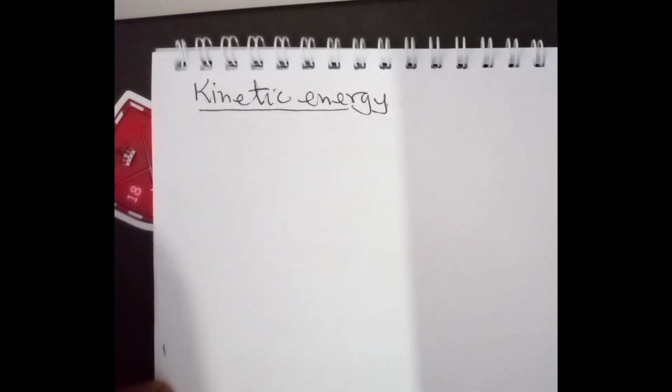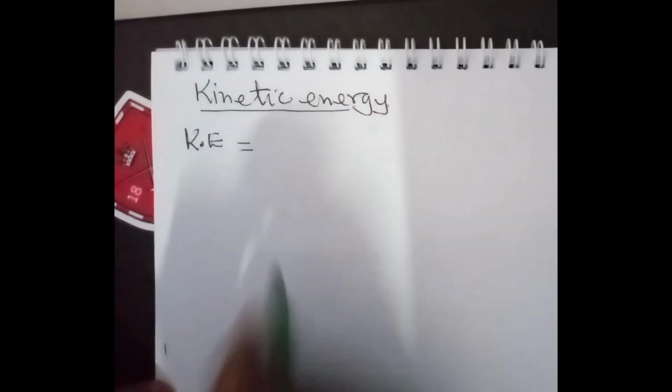So we've looked at potential energy, where we have elastic potential energy and gravitational potential energy, and we have also looked at the formula for finding work. Now we are going to look at kinetic energy. Kinetic energy is possessed by a body in motion.